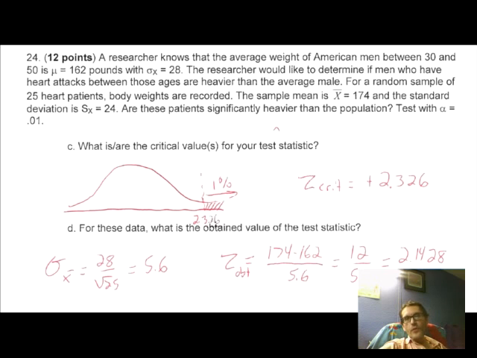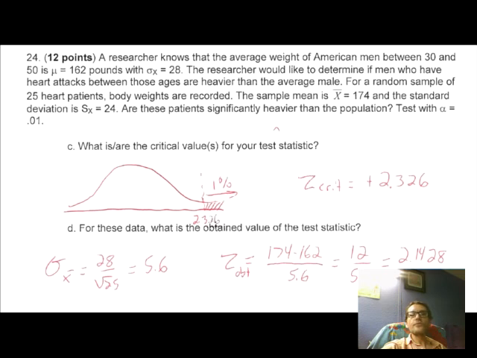And if we do, we would come up with, see, now I came up with a really specific number there, 2.326. But I think we worked with this one the other day, and we settled on 2.33. We'll settle on 2.33. It's close enough, okay? Close enough. So for these data, what is the obtained value?